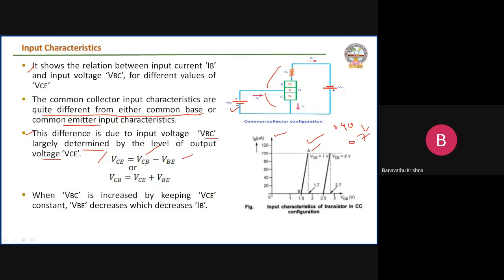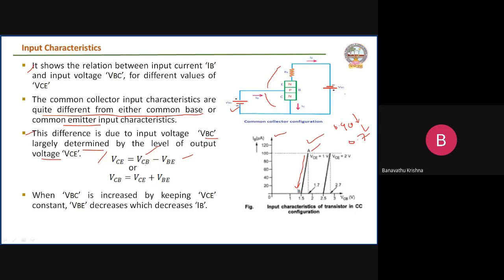But here VBC is the base collector voltage. When the base collector voltage increases drastically, then automatically the base emitter junction voltage decreases. If it decreases, then the base current suddenly decreases.